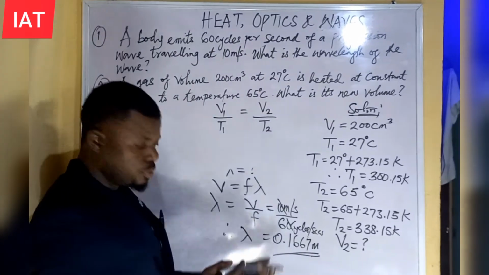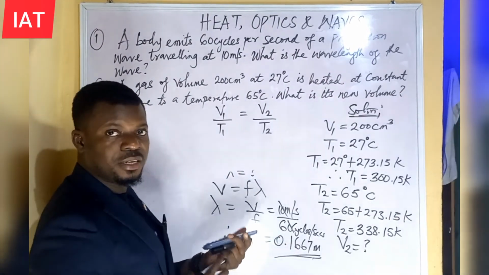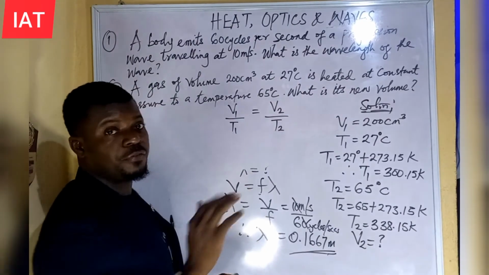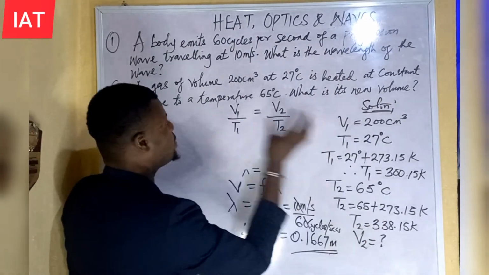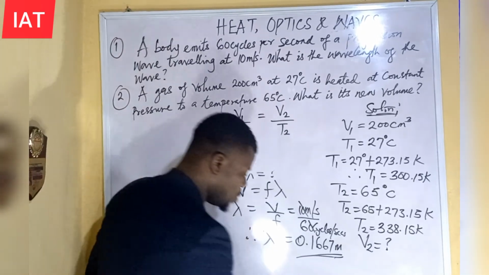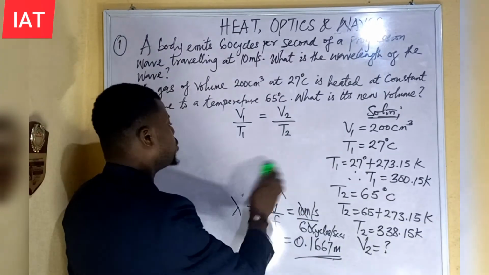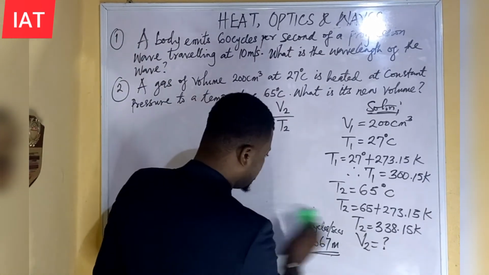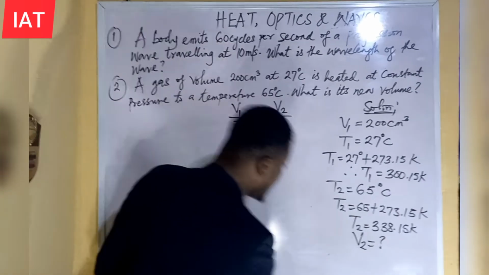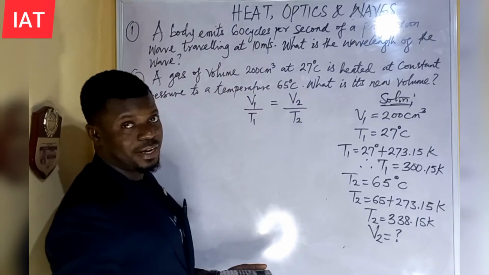You can handle this in different ways, either by making V2 the subject of the formula, or substituting the values into it, and finally in each of the ways you have to make sure that V2 is standing alone. So whichever approach you want to give to it, that is fine.